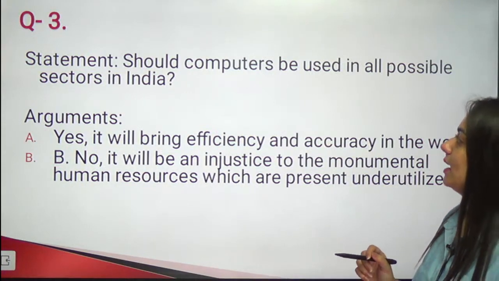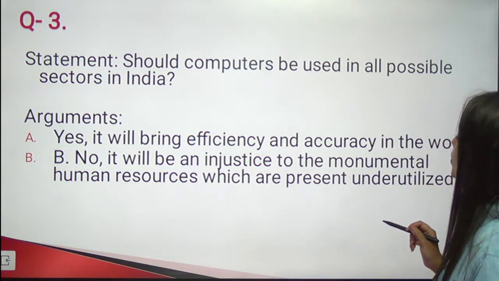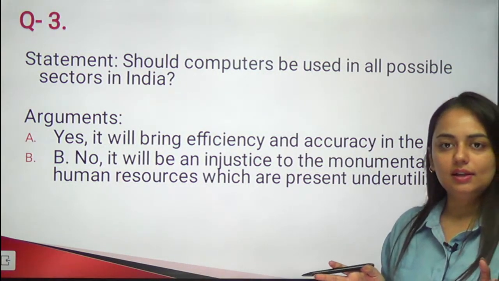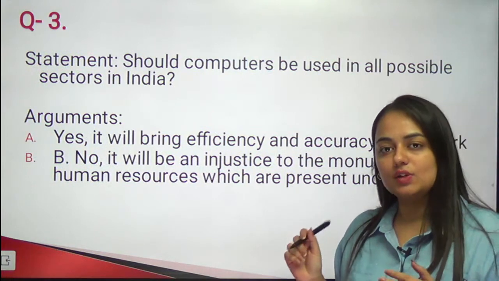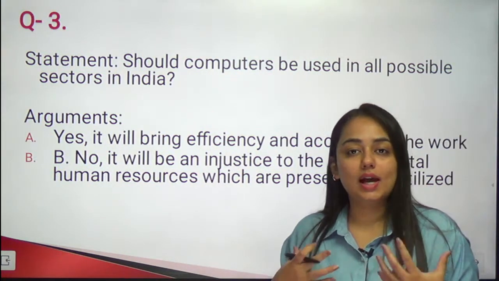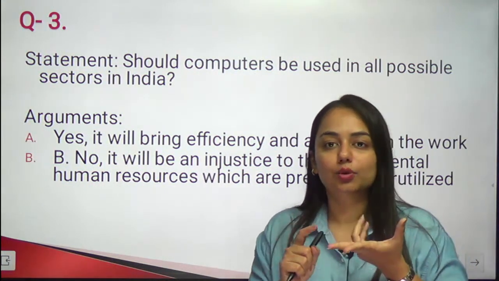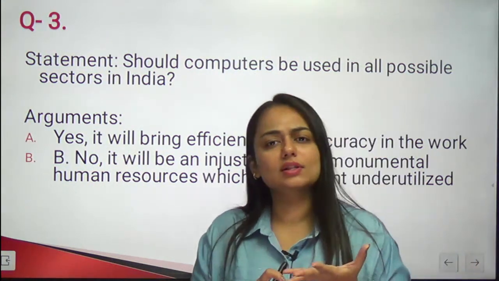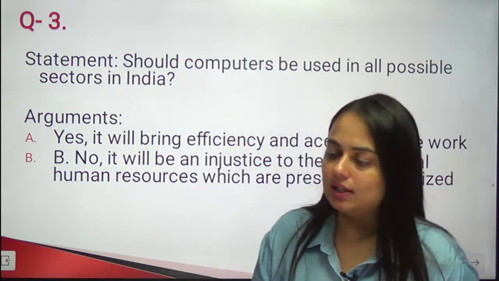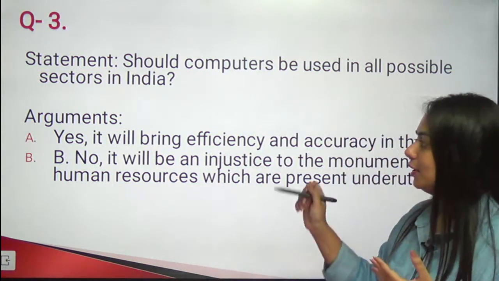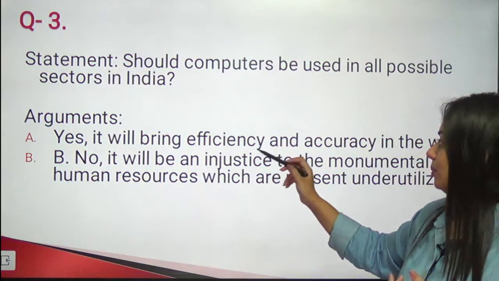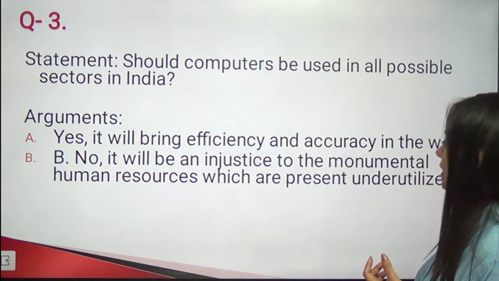Okay, the statement says, should computers be used in all possible sectors in India? Now, if this question is asked of you by a person, what kind of reasoning would you give? Your reasoning should be feasible, reasonable, universal and logical. That will be the right answer. Argument 1 says, yes, it will bring efficiency and accuracy in the work.